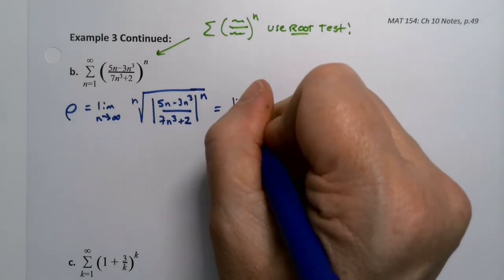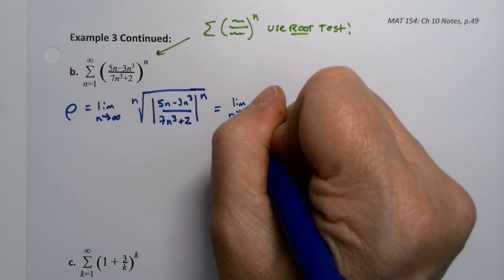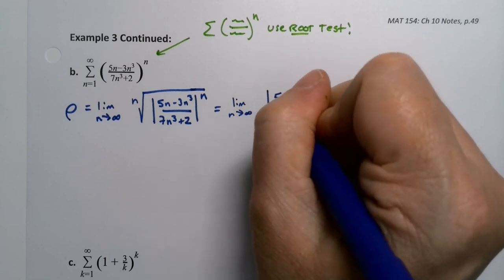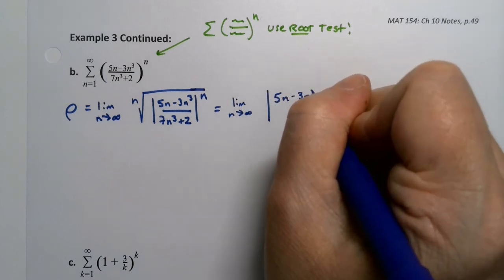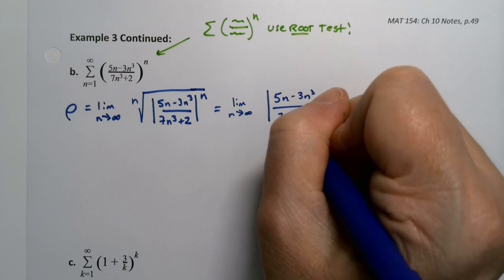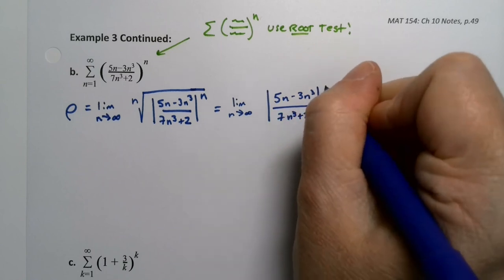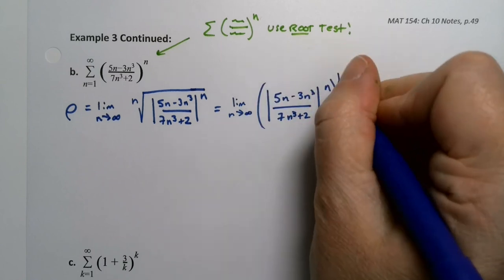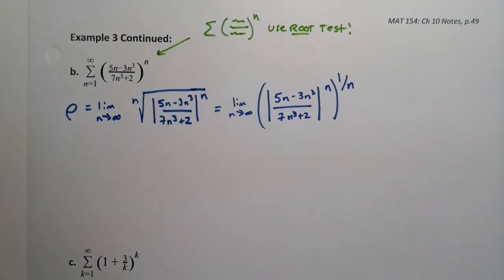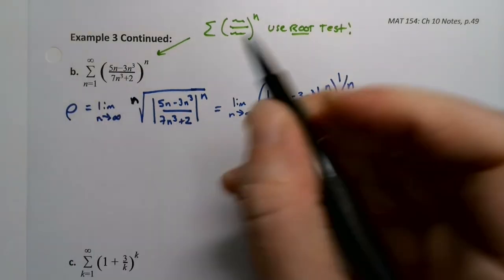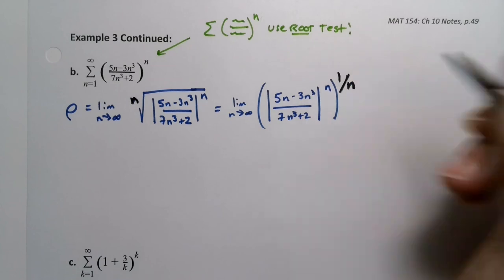But that's the limit as n goes to infinity of that to the 1 over n, right?